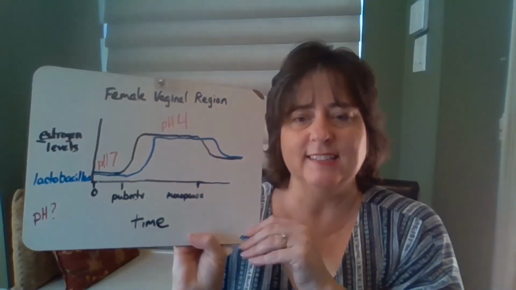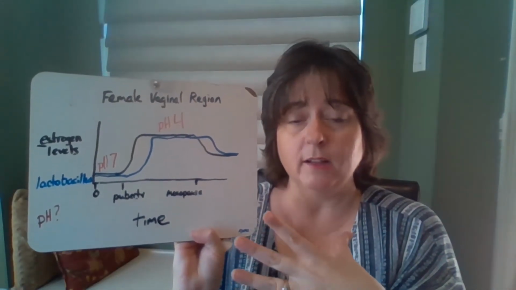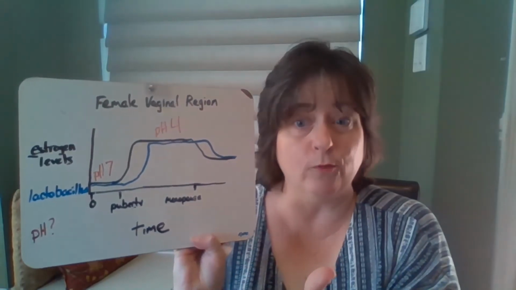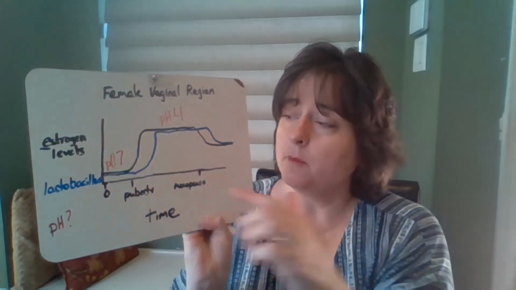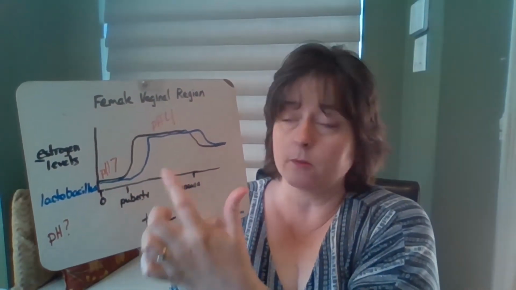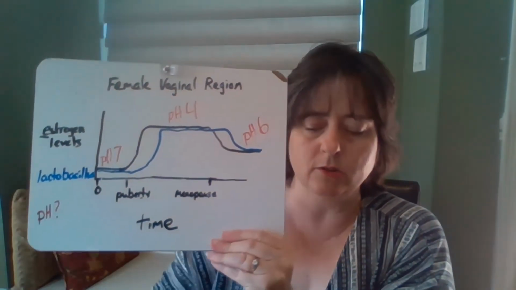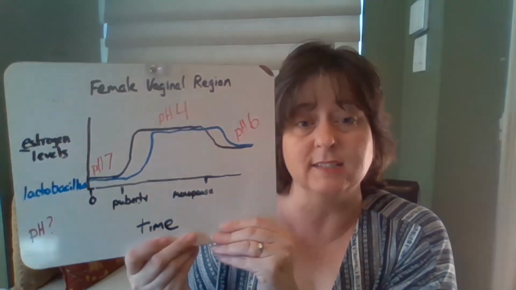Because of that extra acid, the pH in an adult female in the vaginal region is about pH 4. So not as acidic as the stomach, but much more acidic than most of the rest of our body. In menopause, levels decrease, pH climbs again, not as close to neutral as it was before, but about pH 6.